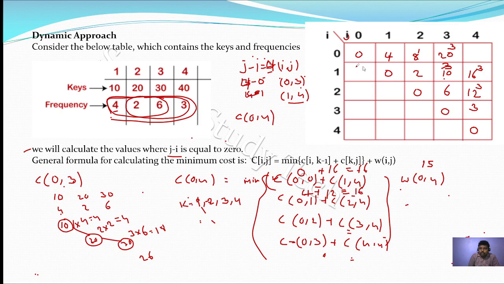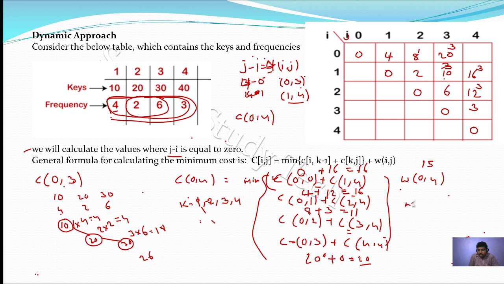And C of 0 comma 2 is 8, 8 plus C of 3 comma 4, which is 3. So here it is 11. And C of 0 comma 3 value is 20, 20 plus C of 4 comma 4, that is 0, so here it is 20.